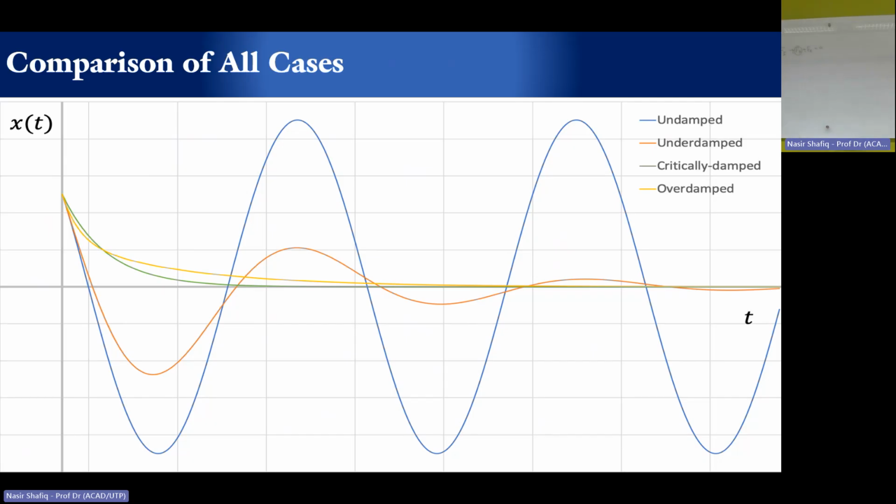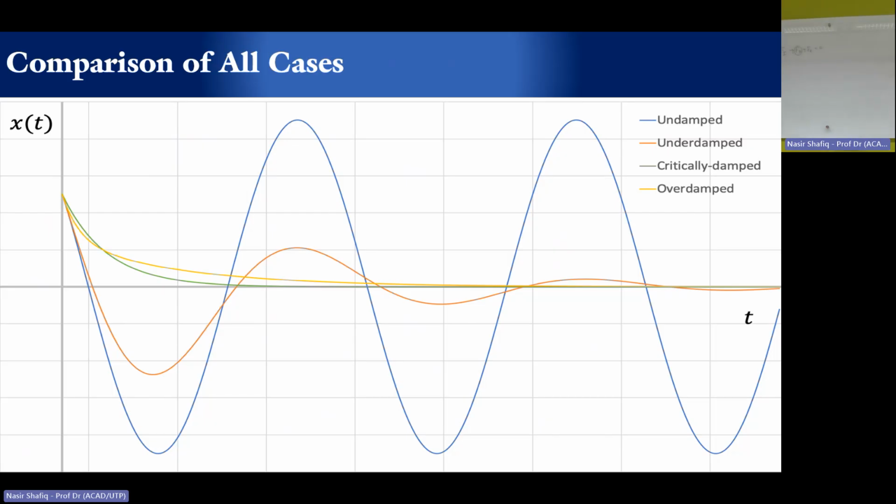Either we are ignoring damping, but when we are considering damping, there are three characteristics of damping. It depends on the characteristics of the system, the mass of the system.